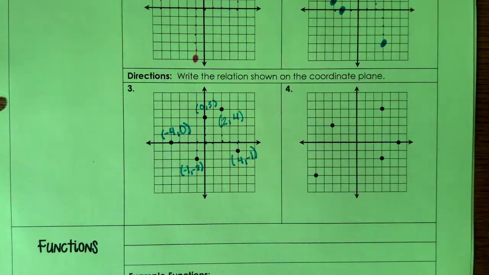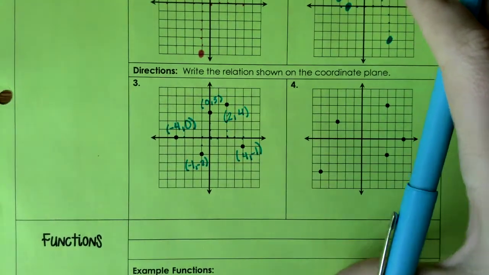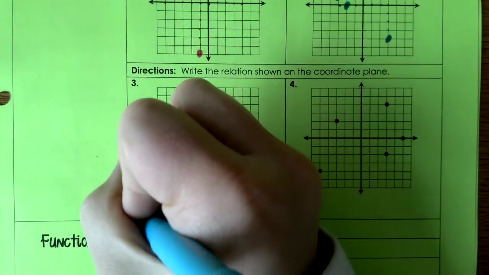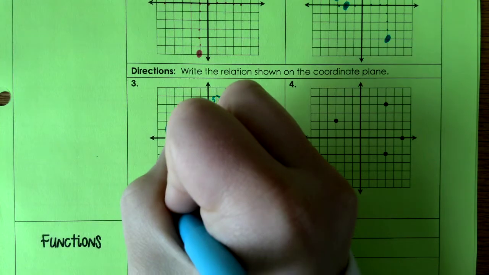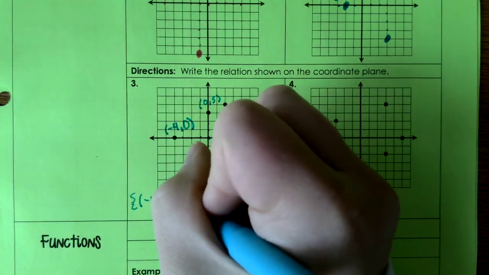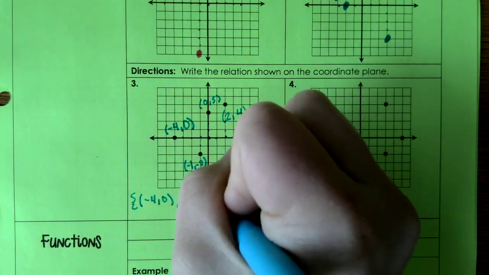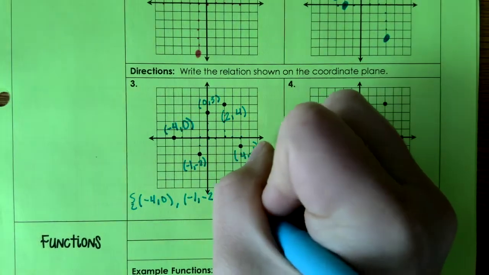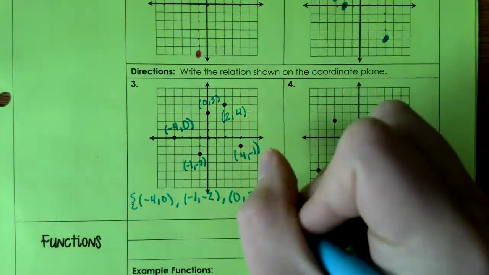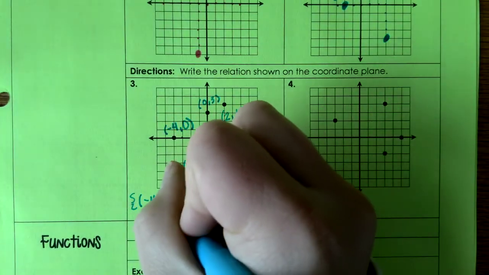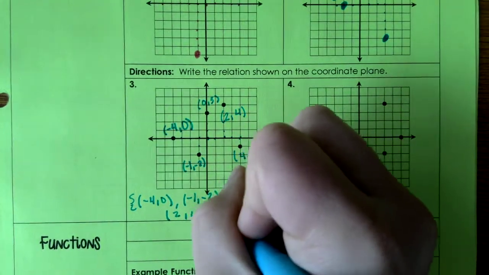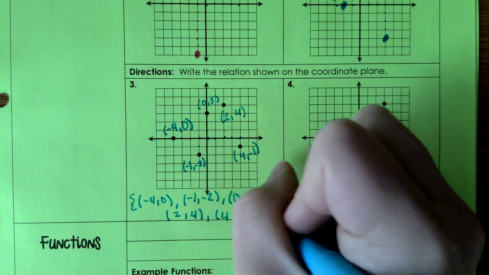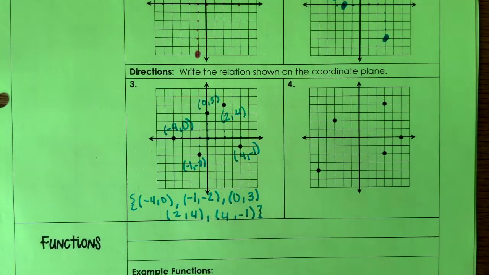So now that I have my points all labeled, I'm going to write my ordered pairs. So I have (-4, 0), (-1, -2), (0, 3), (2, 4), and (4, -1).